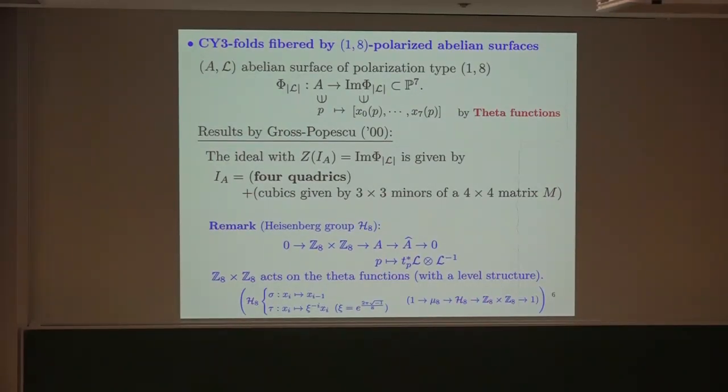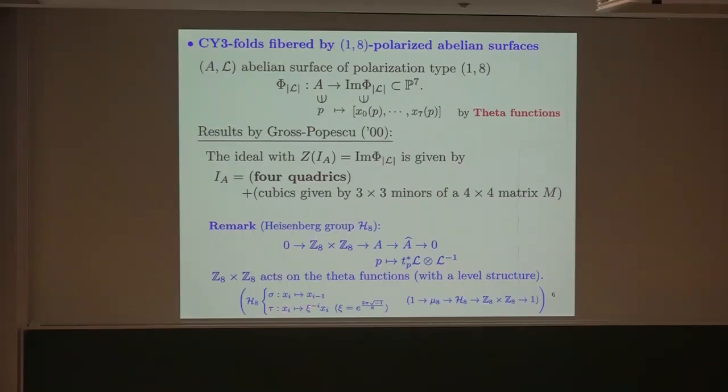So after scaling, you may understand the Heisenberg group as Z8 cross Z8. And the explicit action is as follows. The Heisenberg group is generated by sigma and tau, corresponding to the two Z8 factors. But these two do not commute, because of this central extension. The action sigma is just a shift of coordinates like this.